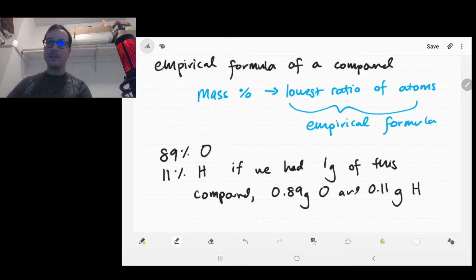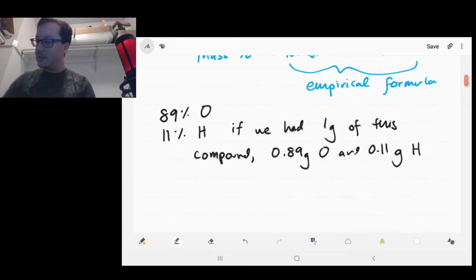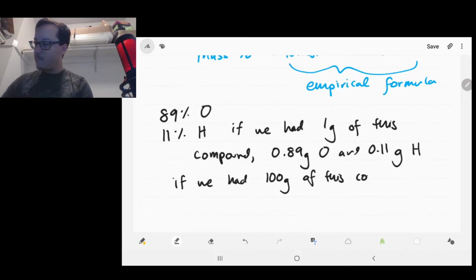Because we know the percents by mass. But perhaps what's easier is, say, if we had 100 grams of this compound, we would have 89 grams of oxygen and 11 grams of hydrogen.